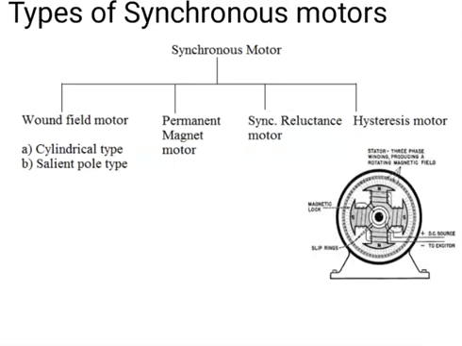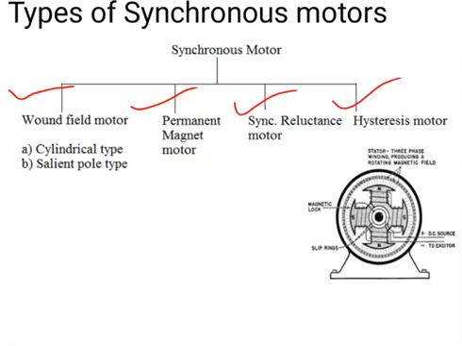Now we will discuss the types of synchronous motor. Synchronous motors are mainly classified into four types: first, wound field motor; second, permanent magnet motor; third, synchronous reluctance motor; and fourth, hysteresis motor.